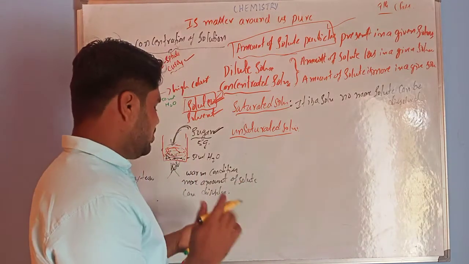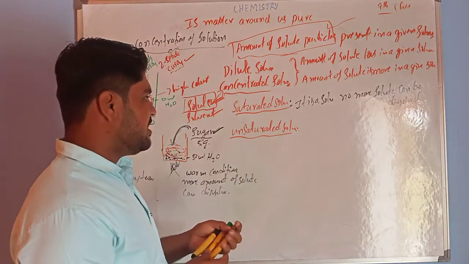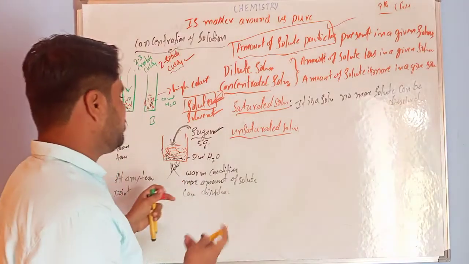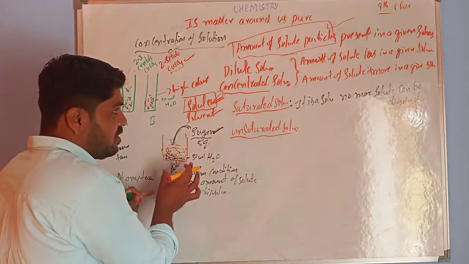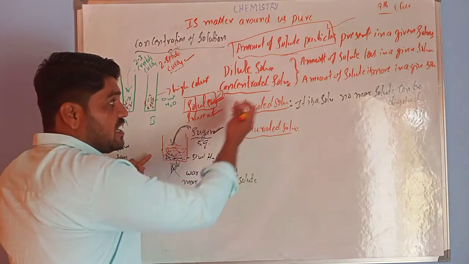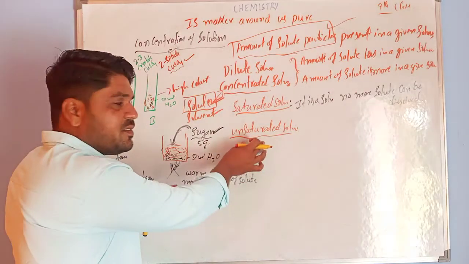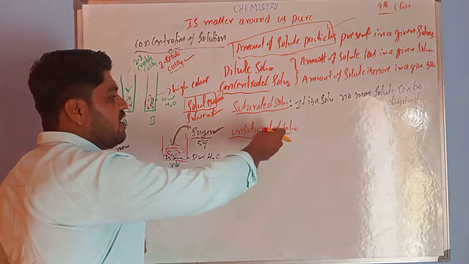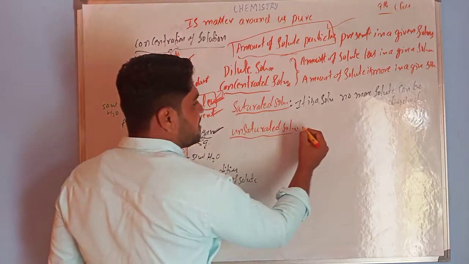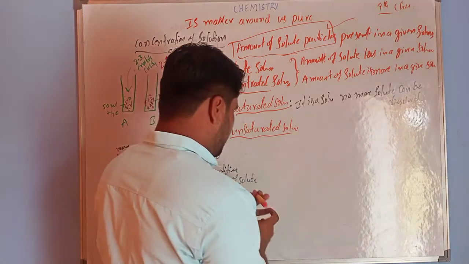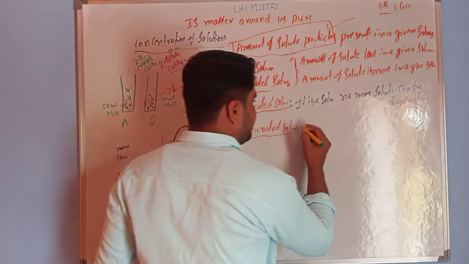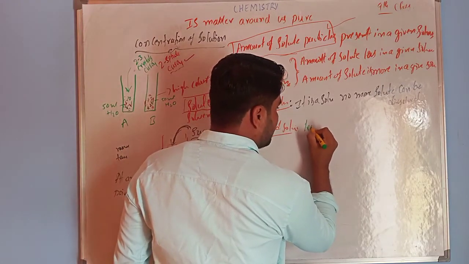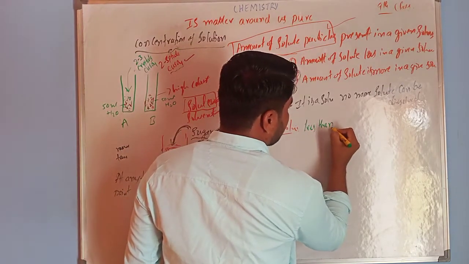So the next is unsaturated solutions. This type of solution is below the saturation level, less than the saturation point.